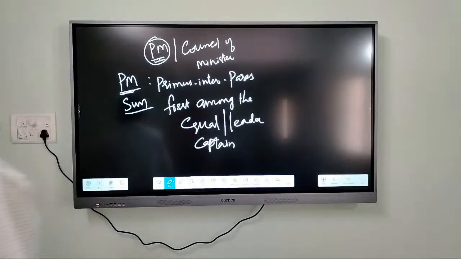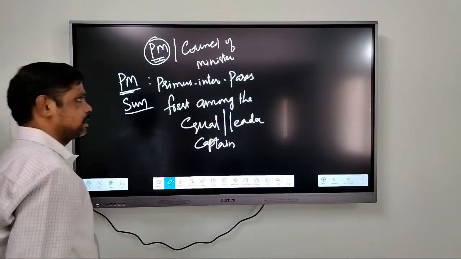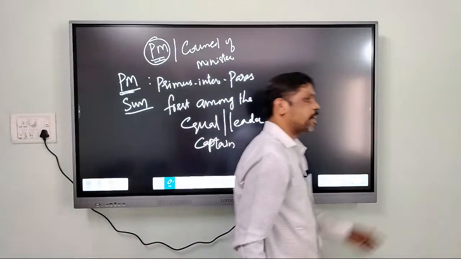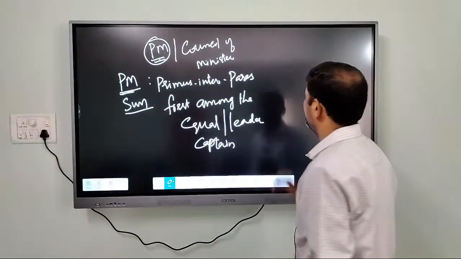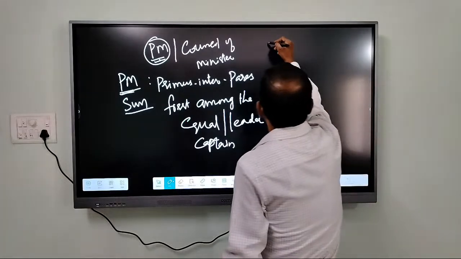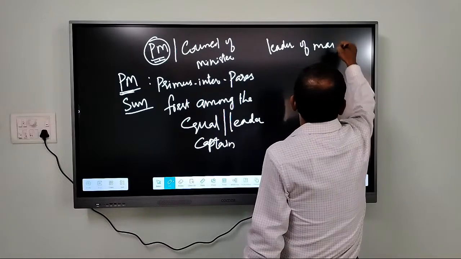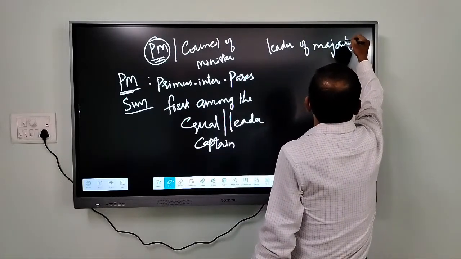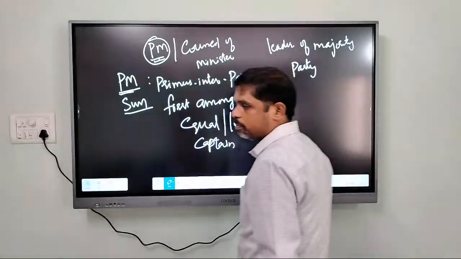The prime minister and other council of ministers are appointed by the president of India. The criteria for appointing the prime minister is that he is the leader of the majority party.